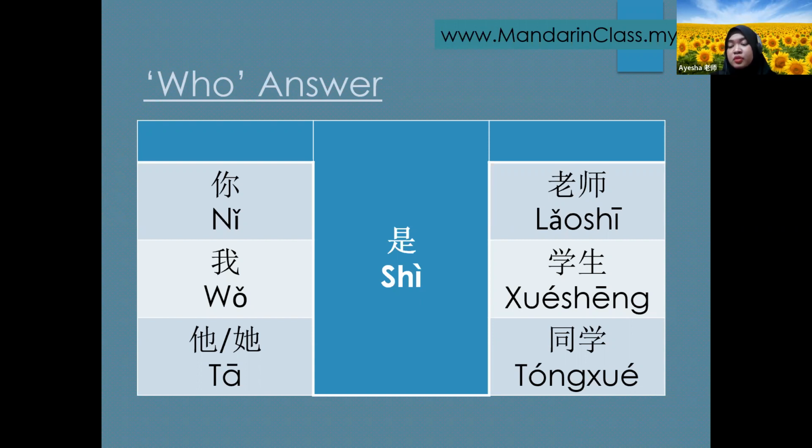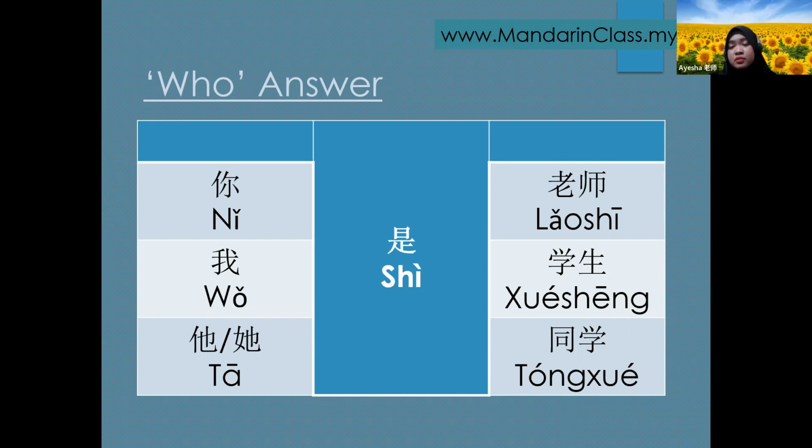If I ask you 你老师是谁? One more time. 你老师, your teacher, 是谁? What is the meaning of 老师? Teacher. So 你老师 means what? 你 means you. So 你老师 means your teacher. Okay, 是谁?